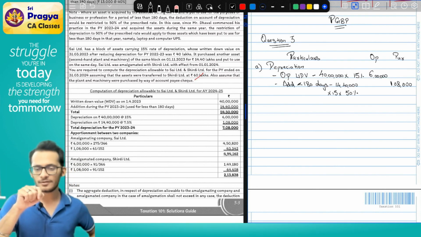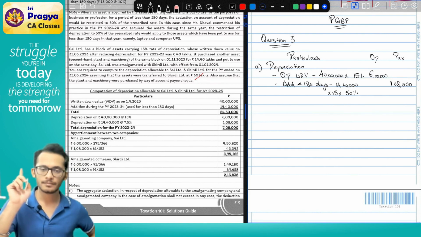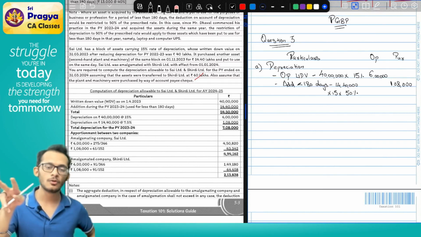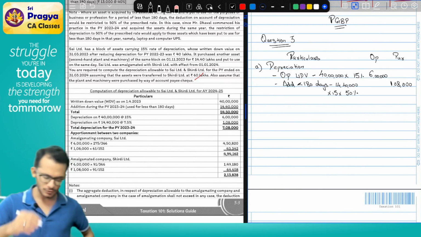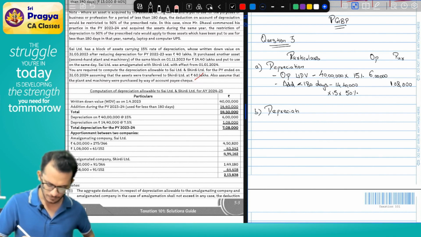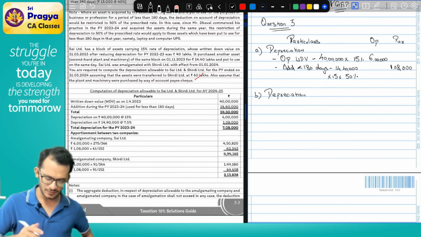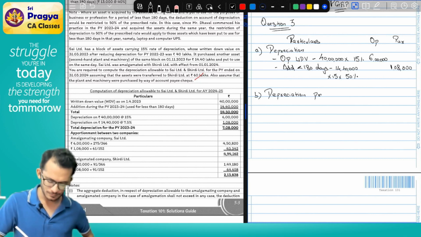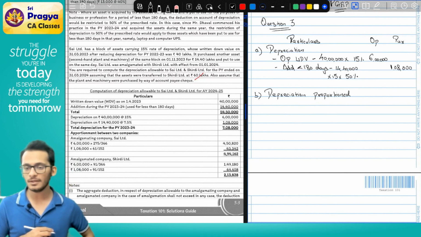Can this depreciation be claimed fully by Sai Limited? No. Can it be claimed fully by Shirdi Limited? No. You have to proportion. So I'm going to start depreciation proportion.